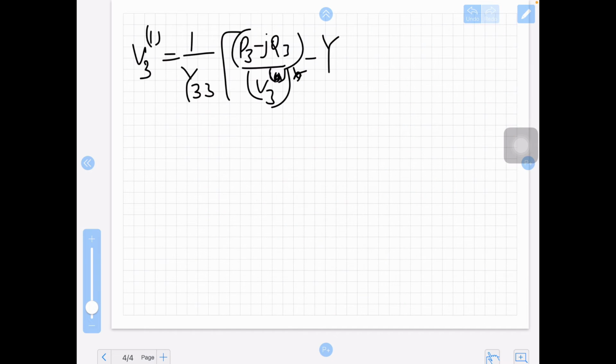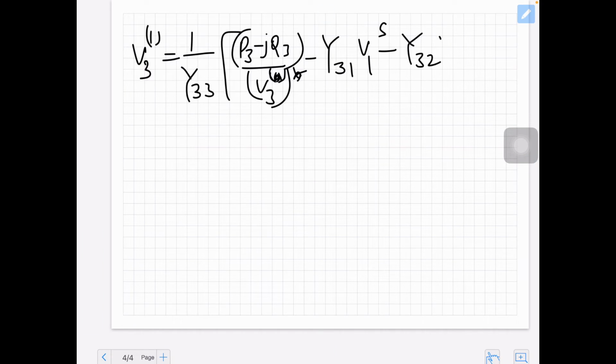So those things you have to consider here. In the Gauss Seidel method, it is very important to consider the latest calculated values. So V2 of 0 you should not consider, V2 of 1 we have the value.